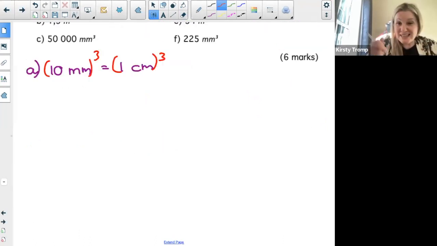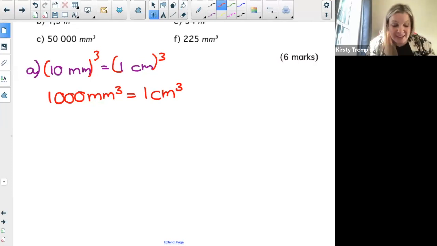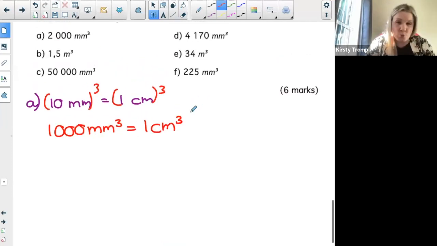Okay, so 10 times 10 times 10 gives me 1,000 millimeters cubed, and 1 times 1 times 1 is 1 centimeter cubed. That means that there are 1,000 millimeters cubed in 1 centimeter cubed.